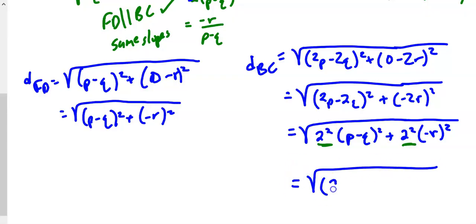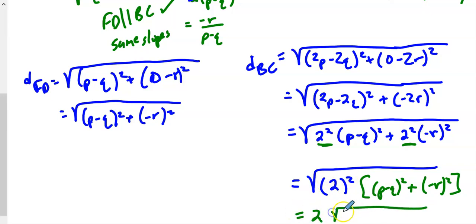So that becomes the quantity 2 squared, and I'm going to factor it out of each of these. So then I would have left P minus Q quantity squared plus negative R quantity squared. And then I can now take the square root of that, which would make that 2 square root of what I have left over there, which is exactly half.